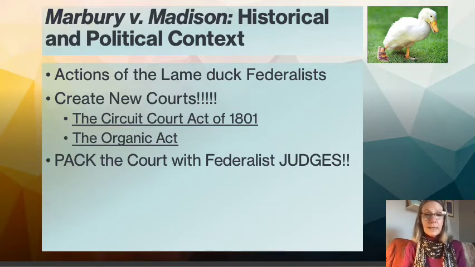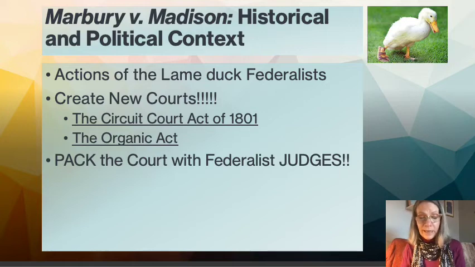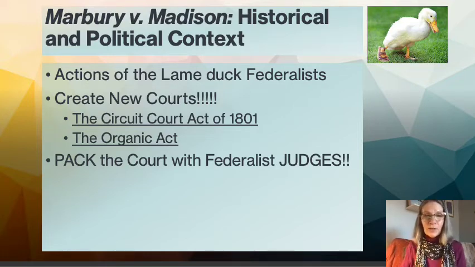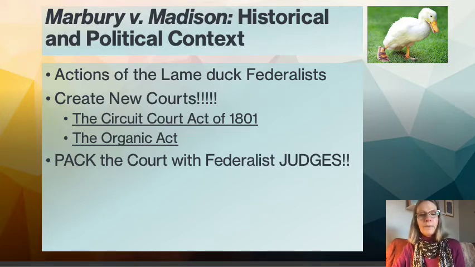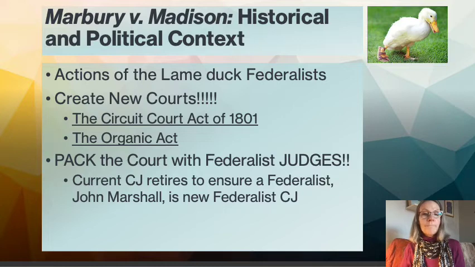They lose the presidency, they lose the Senate, they lose the House, but they still are in control of those three branches of government. Imagine if they were like, hell, we ain't going to go quietly into the sunset. We're going to pass a bunch of laws expanding the number of justices on the Supreme Court, creating a whole bunch of new courts, and we're going to pack them with a bunch of liberal Democratic justices. I mean, people would be outraged. And that's basically how people were outraged at this time, because that's what the Federalists were doing.